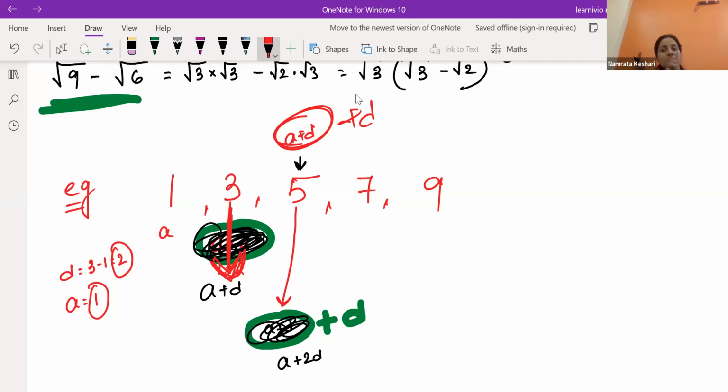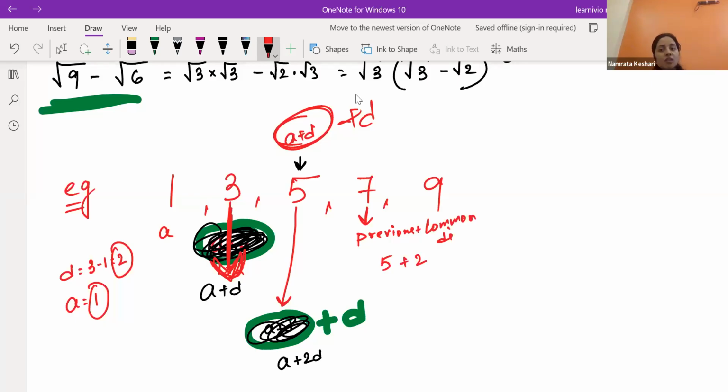Now I move to the next term. The next term 7 is nothing but 5 plus the common difference. This 7 is just the previous term plus the common difference. Our previous term is 5 and the common difference is 2, and it gives 7. This will always happen when you have an AP.